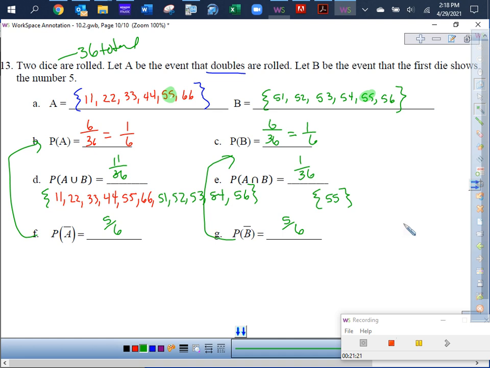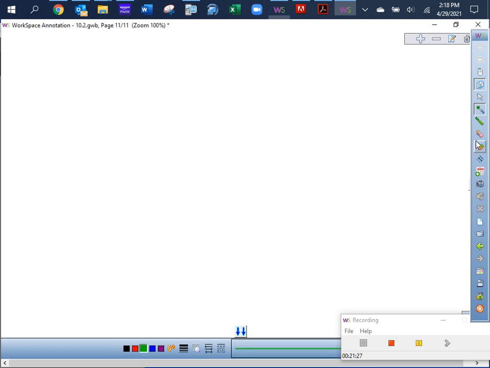There are some questions on the homework that talk about flipping coins also. So let's just say that we were going to flip 3 coins, and they asked you to write out the sample set. Some of you have done this in math class already, some of you have not. If you're flipping 3 coins, there's only 2 outcomes, heads or tails. So what could happen is you could flip heads, heads, heads.